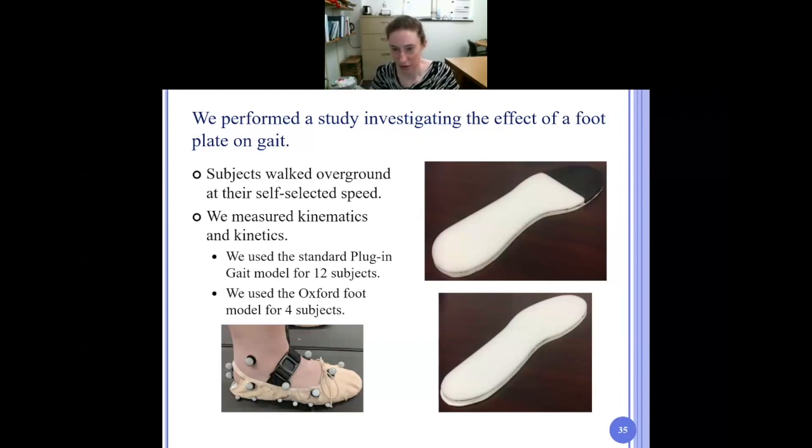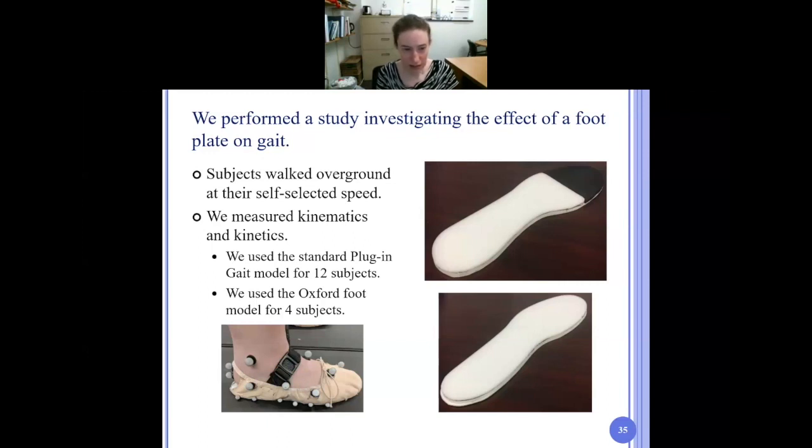So basically, in the 3/4 case, subjects could use their toes relatively normally. In the full length condition, the foot plate was relatively rigid over its entire length. So we had subjects walk at their self-selected speed, and we measured kinematics and kinetics.